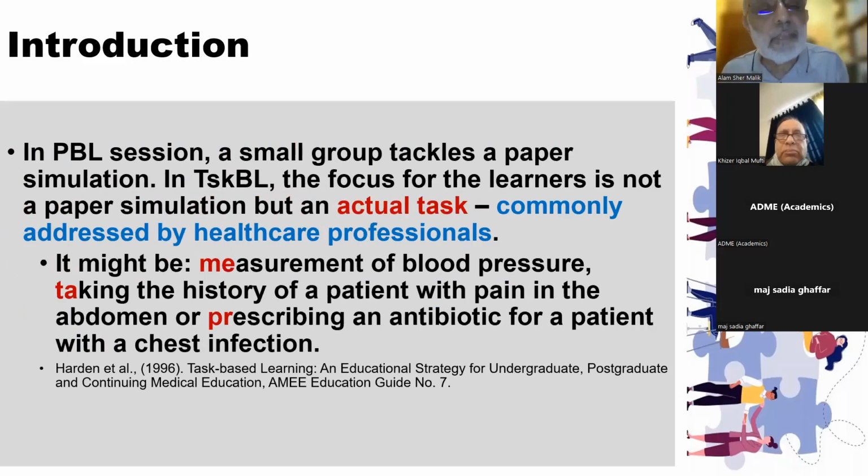So in a PBL session, a small group tackles a paper simulation, whereas in task-based learning, the focus for the learner is not a paper simulation, but a real or actual task, commonly addressed by the health care professionals. Right? So that is the first thing which we should be very clear about.